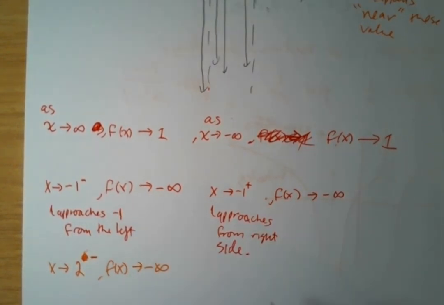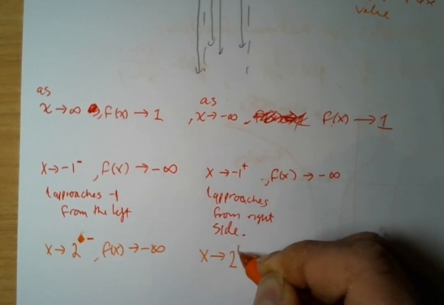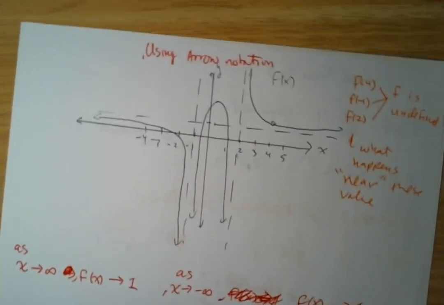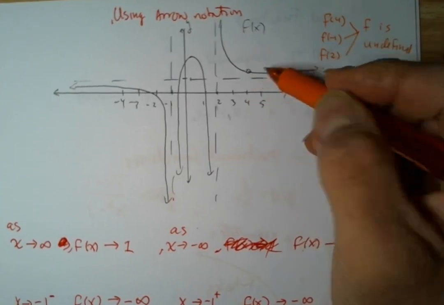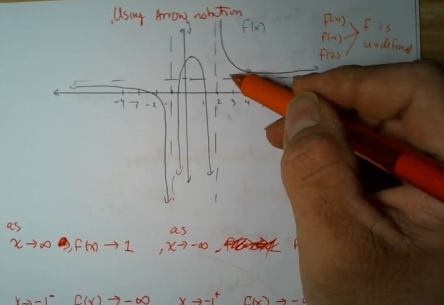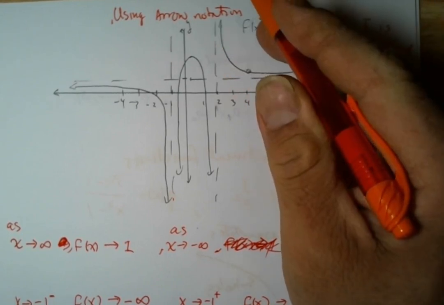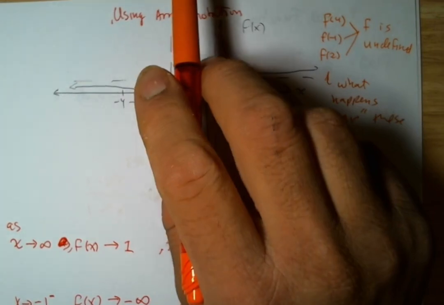All right, so now let's change our approach. Let's approach it from the right side. As x approaches 2 from the right side, we have different behavior. As I get closer to 2, this shoots up and goes without bound in the positive direction.